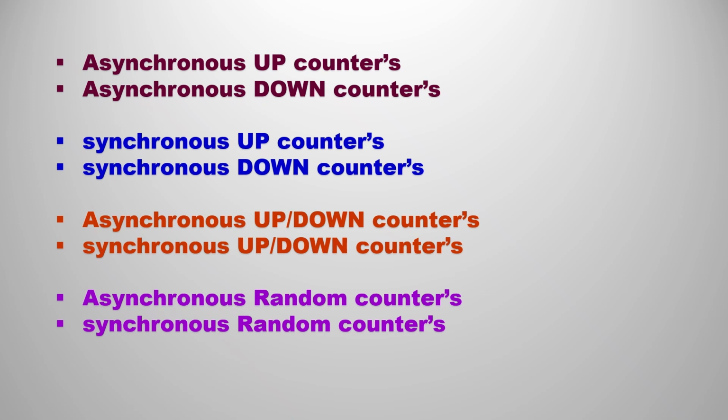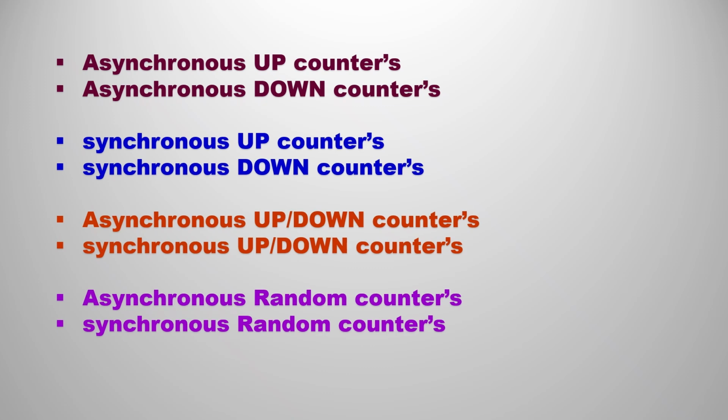Up-down means that in a single circuit, a single asynchronous counter, we are going to have both up and down. In the upcoming videos I am going to start with asynchronous circuits only, so that you can understand the basics of asynchronous counters very well.